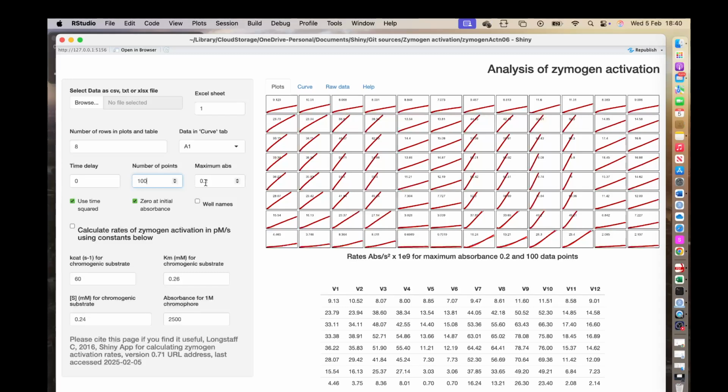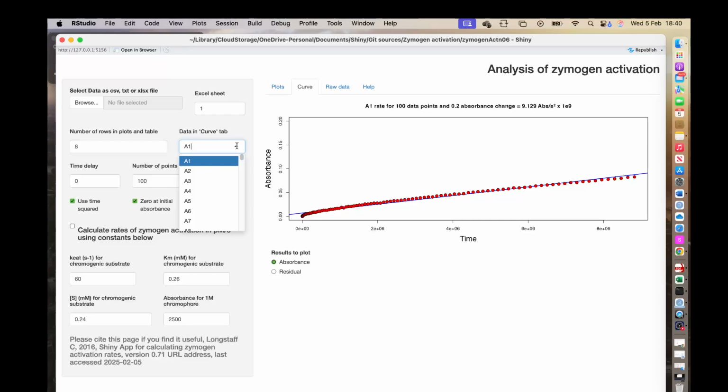If you see the reaction rates of the raw data declining, then you should consider reducing activator concentrations or increasing substrate concentrations. The options you select in number of points and maximum absorbance allow you to optimize the calculations of initial rates for your data. The second tab, called Curve, is useful when trying to optimize your settings to get the best linearity of time squared transformed curves.